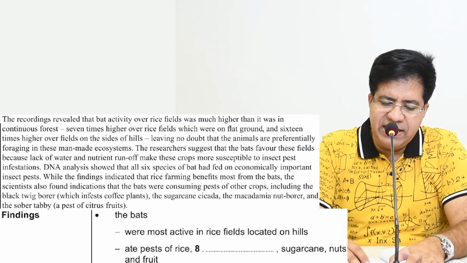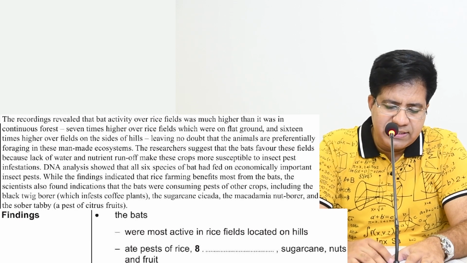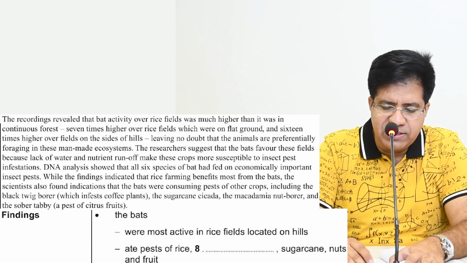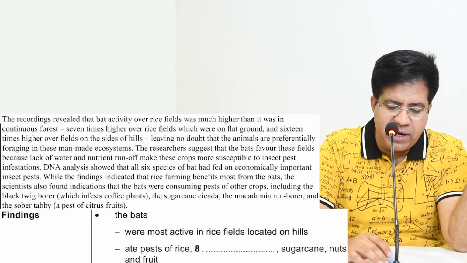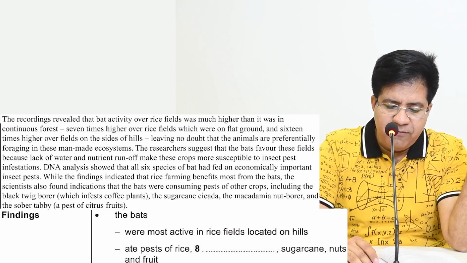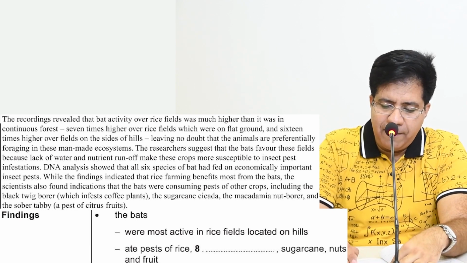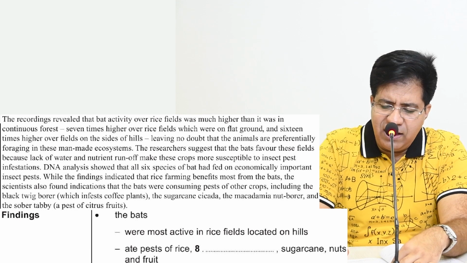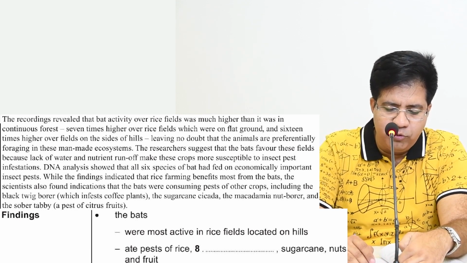While the findings indicated that rice farming benefits most from the bats, the scientists also found indications that the bats were consuming pests of other crops, including the black twig borer, which infests coffee plants, sugarcane cicada, the Macadamia nut borer, and the sober tabby, that is pest of citrus fruit.